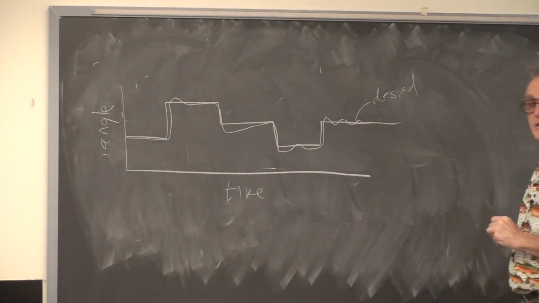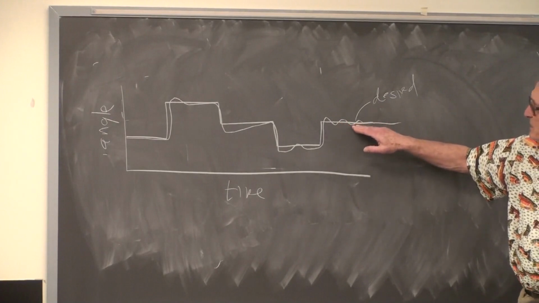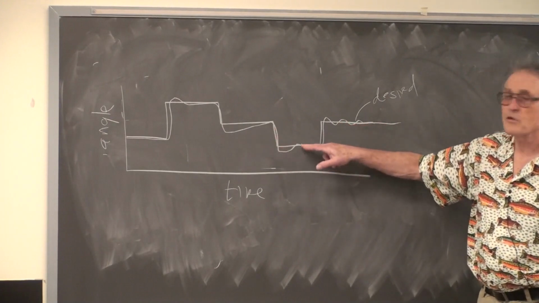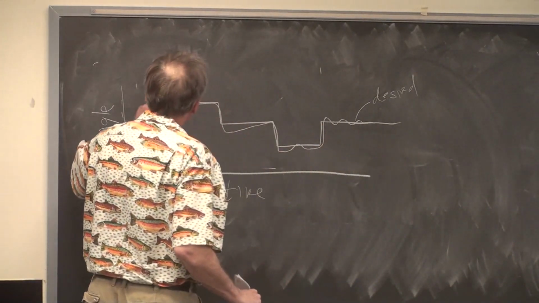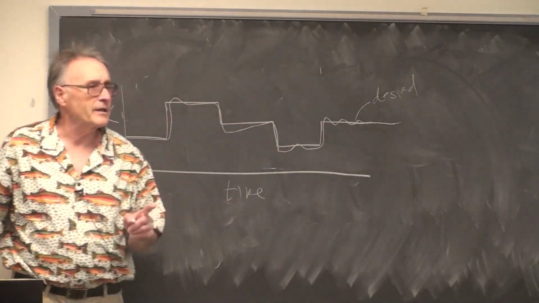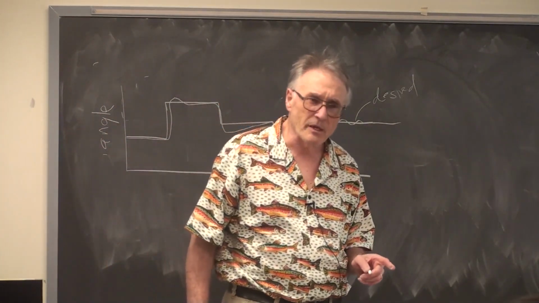Without too much oscillation, which I'm showing here. I'm showing some oscillation here, without too much overshoot or undershoot. And ideally we'd get an exact copy, but we can't ever get an exact copy because everything has mass and a finite response speed.